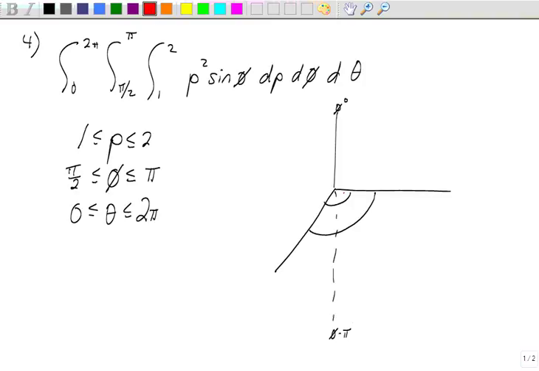So on this line, phi is pi over 2. So it's going to be underneath here. So it's probably like a half sphere.